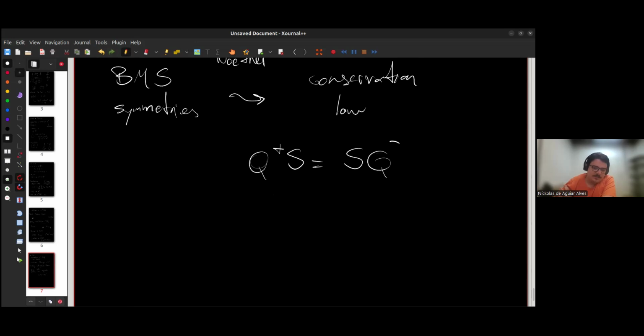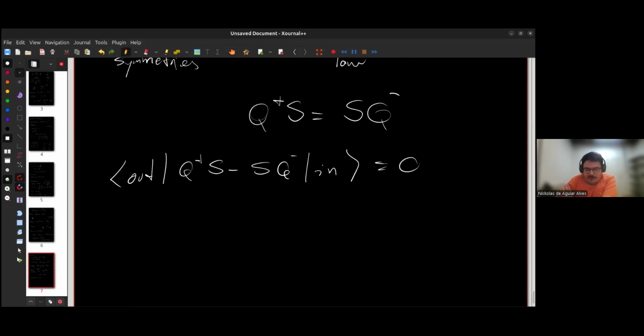Now I can take this expression and throw it in between any two states that I want in my quantum theory. So I just take any two states in some quantum theory I'm working on. In this case, I'm going to need this to involve gravitons in some sense.